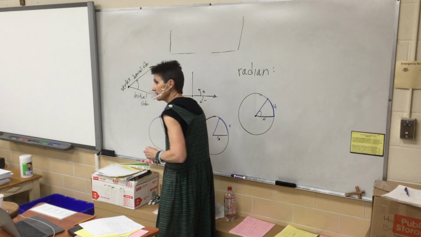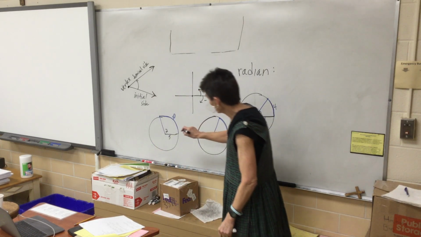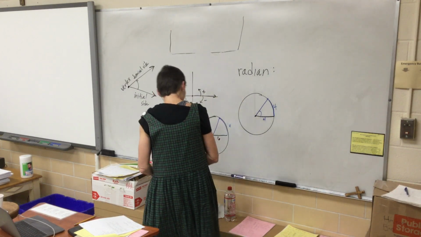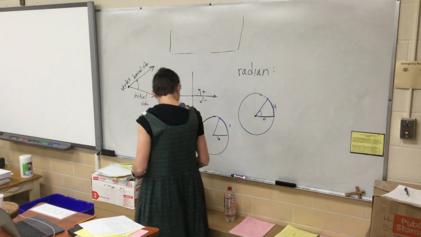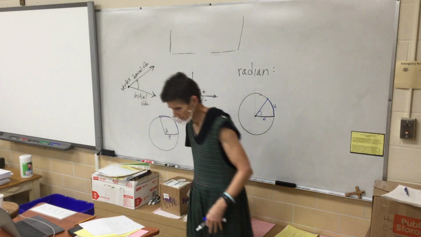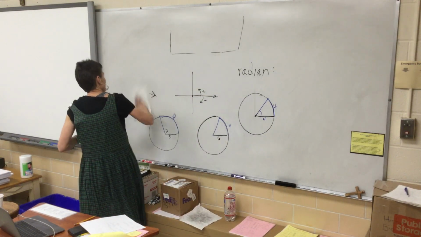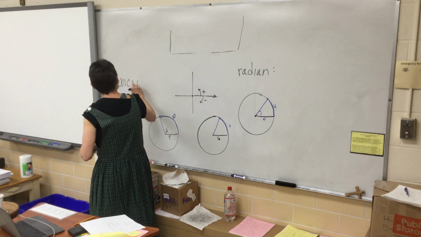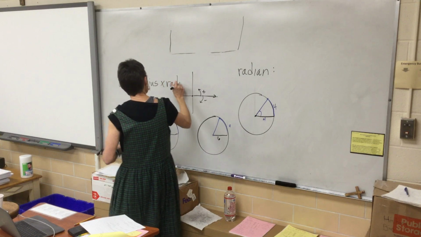Every radius makes a radian. So the little formula that grows out of that is arc length equals radius times radians.